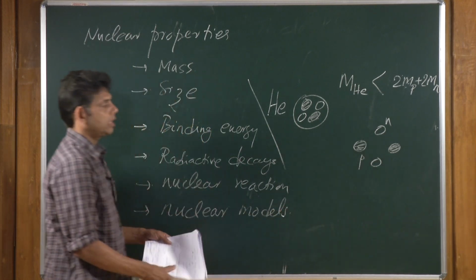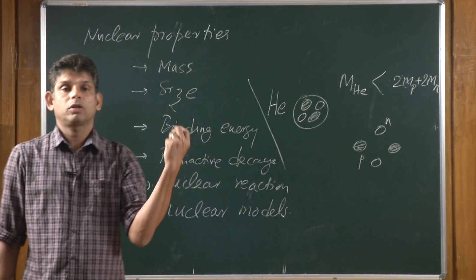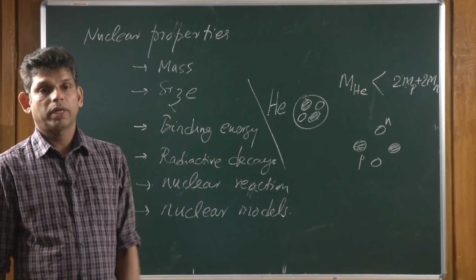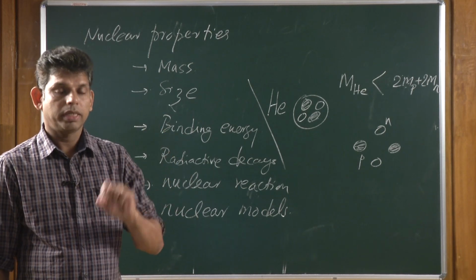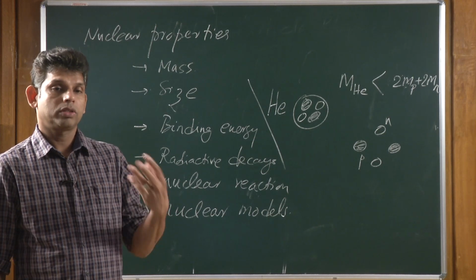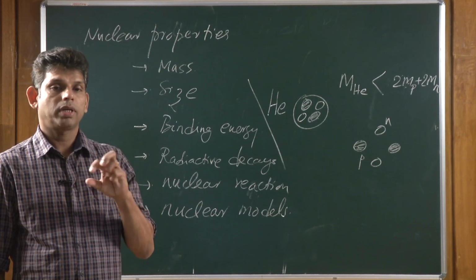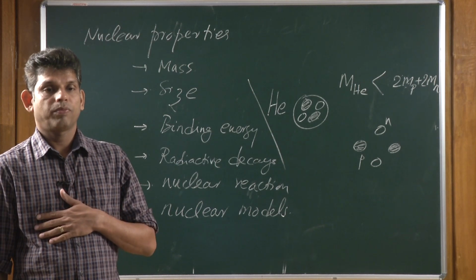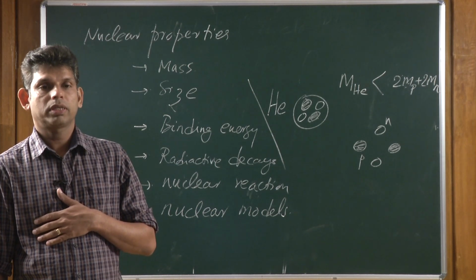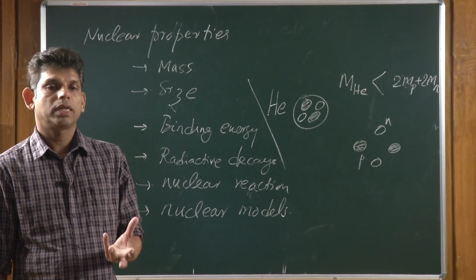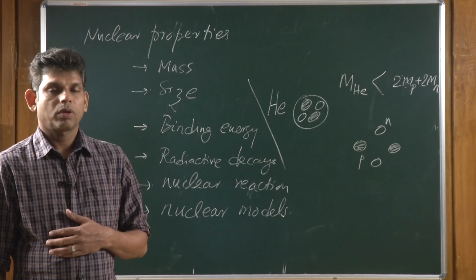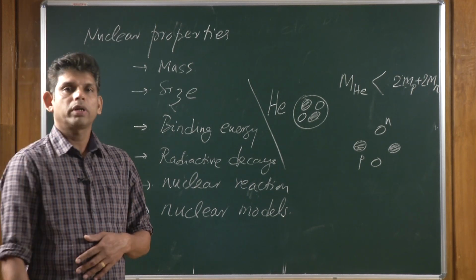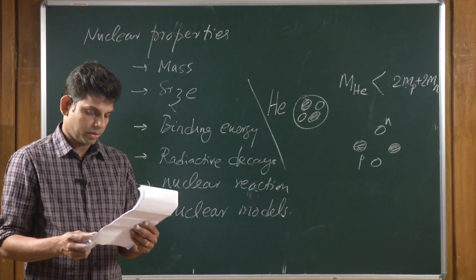We have only said that they come together and form the nucleus, that is the constituent, but like in the case of atoms, we have to give specific details of how the nucleus is formed, what are the properties of that, what are the energy levels of these, or what is the general picture of the nucleus, the model of the nucleus. So, there are these nuclear models that we will discuss.